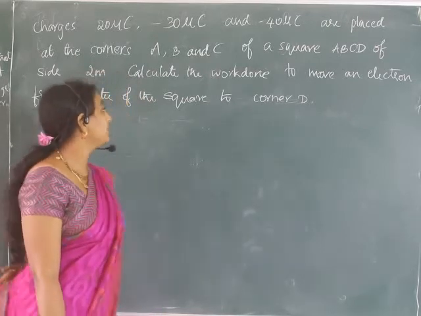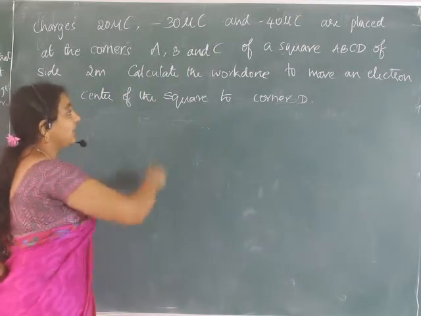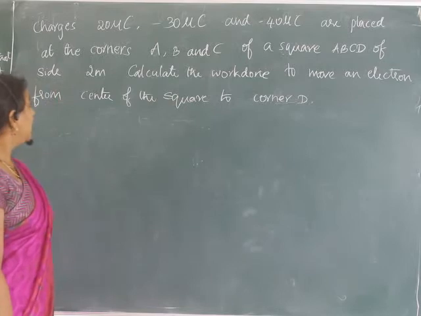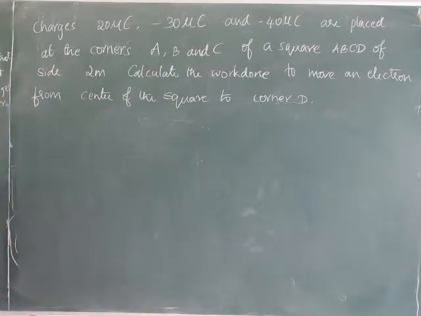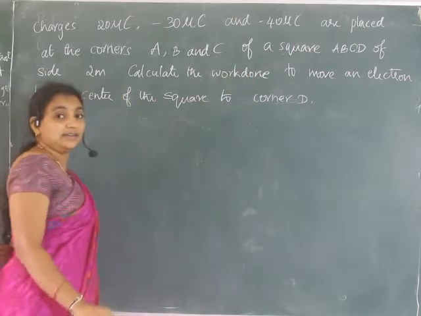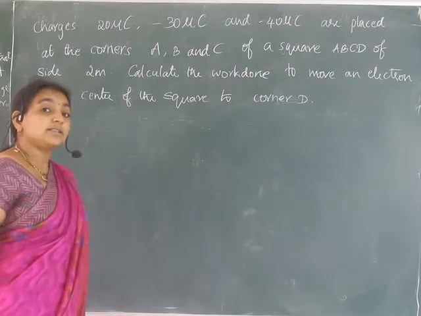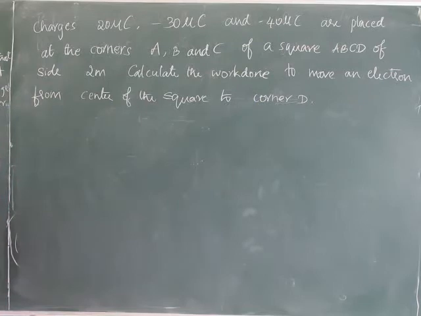In this chapter you are going to calculate the work done by using the expression of potential, correct? That is a small change. You have to see properly. If they ask work done, that is related to this chapter. If they ask about the force or the electric intensity, it is related to the previous chapter.